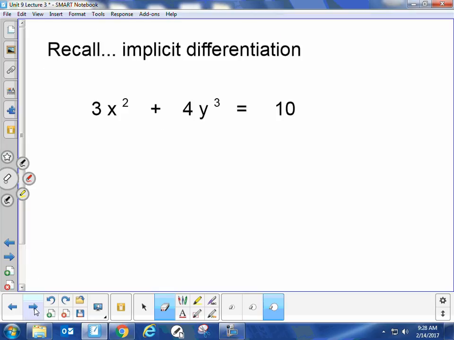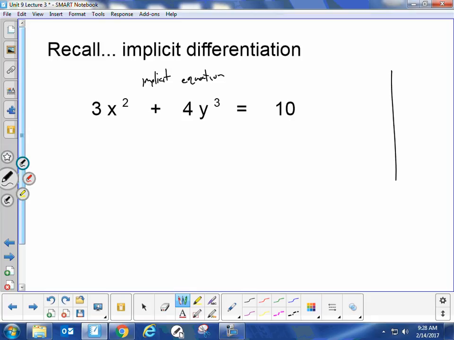Let's recall Unit 5, which was implicit differentiation. This is an implicit equation. Equations like this, where we had x's and y is not easily solved for, ended up looking like shapes that we see in the world, like circles, like ovals.